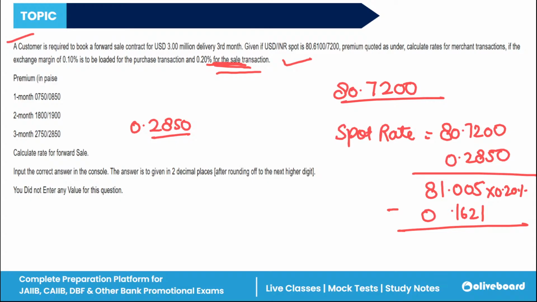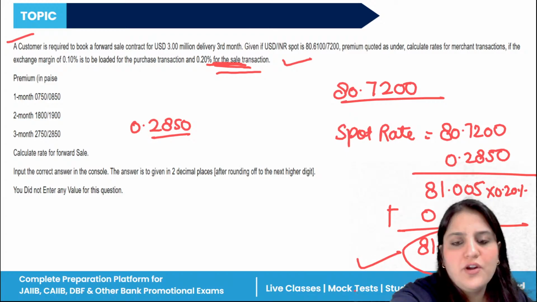Because here you can see there is an outward remittance, so we have to add the margin, and after adding the margin, here we get 81.1671. So this is the answer.